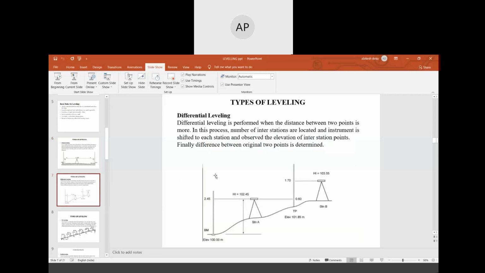Next is differential leveling. This type of leveling is done to find out the position of 2 points.